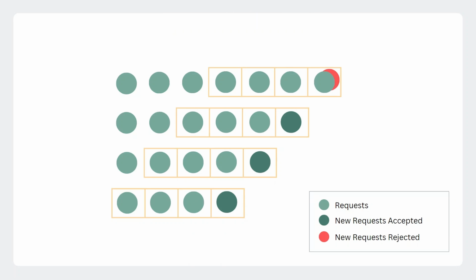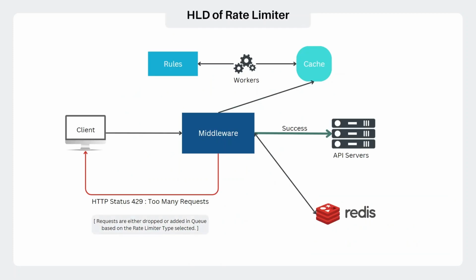Now let's move ahead to the high level design of a rate limiter. It's very simple. Rate limiter rules are stored on disk, as shown in this image on the top, and there are some workers that frequently pull these rules from disk and cache them for faster access. Now there is a middleware which fetches rules from the cache and retrieves data like timestamps and counters from Redis.